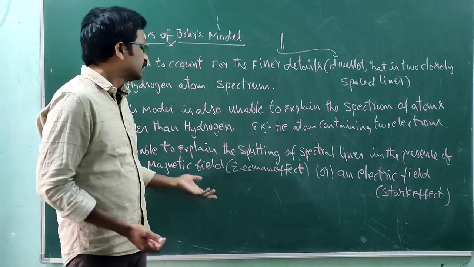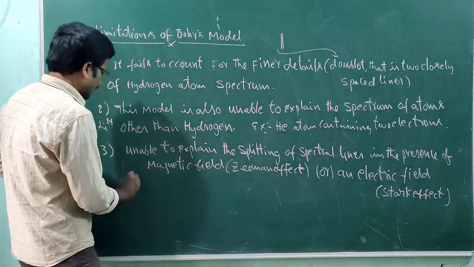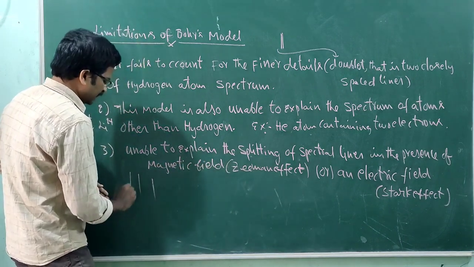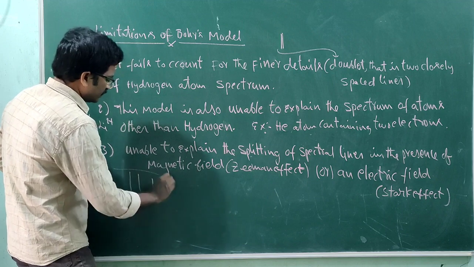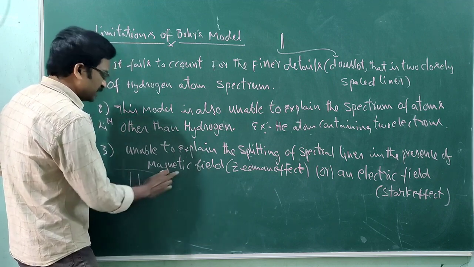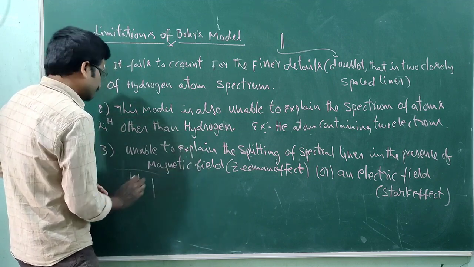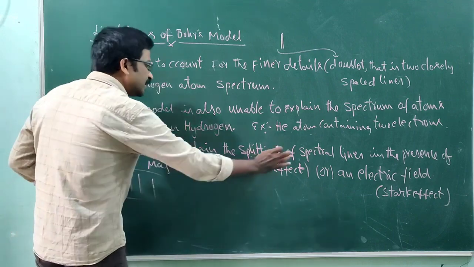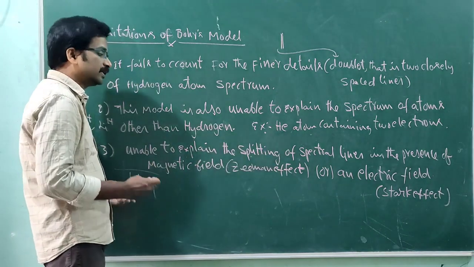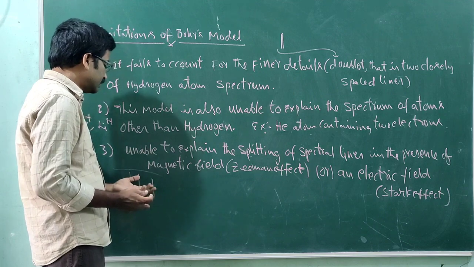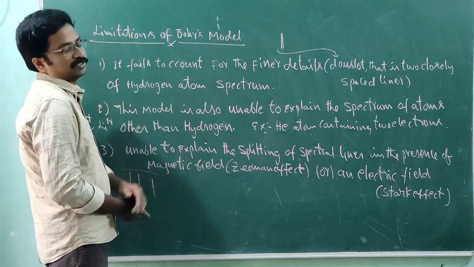We know the spectral lines, the line spectrum. These spectral lines split in the presence of a magnetic field and split in an electric field. We know this practically, but it is not explained by Bohr theory.